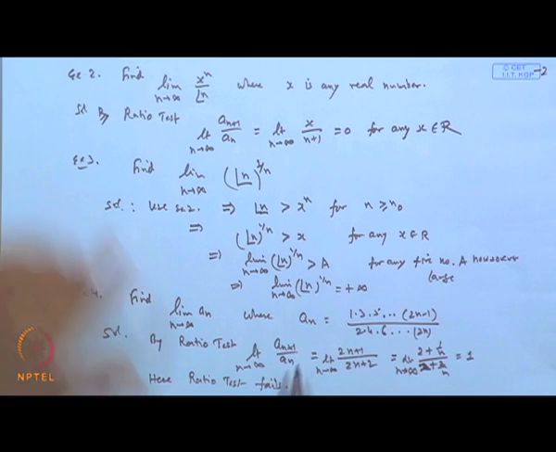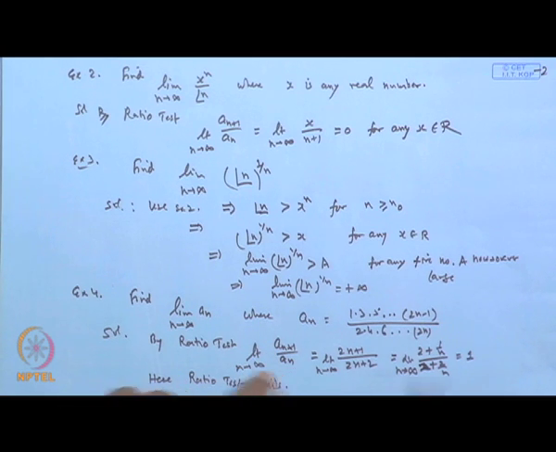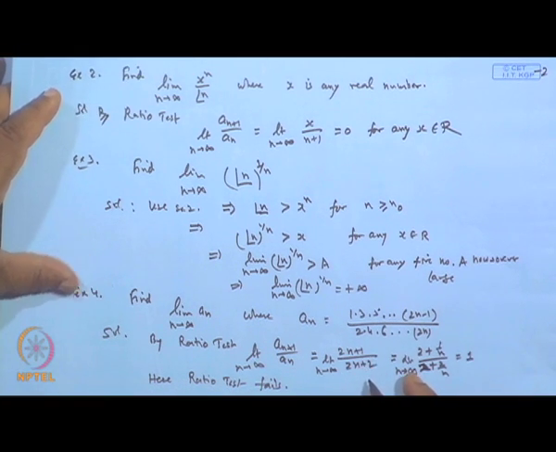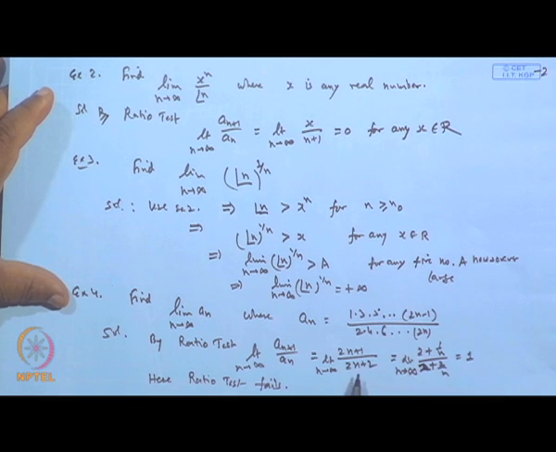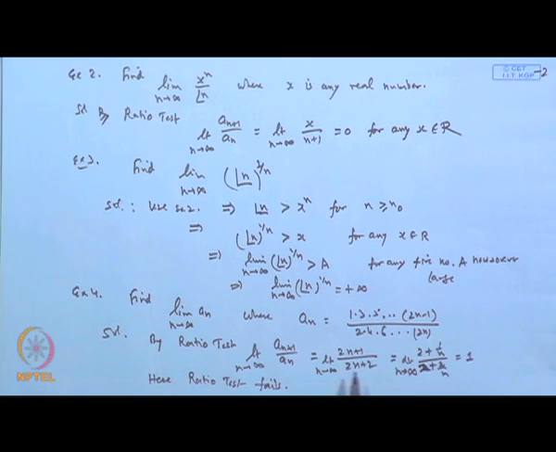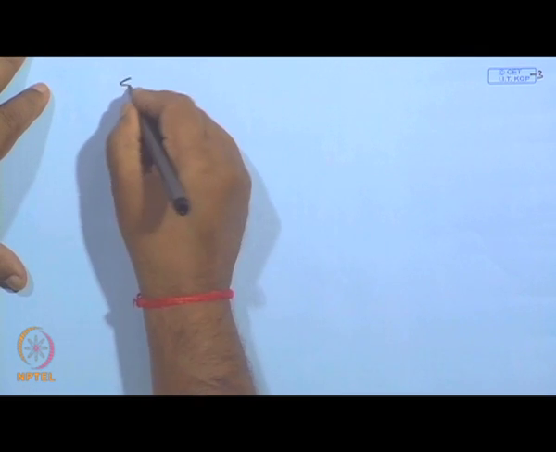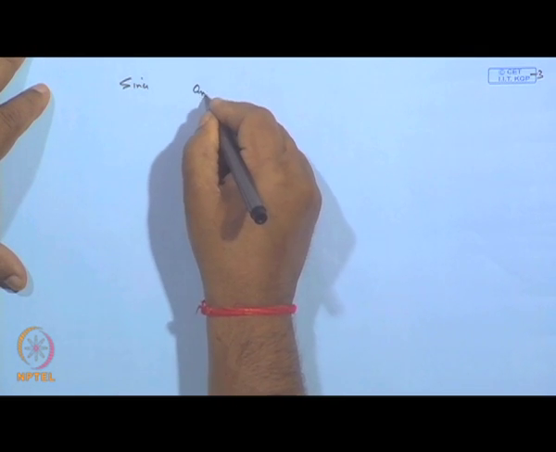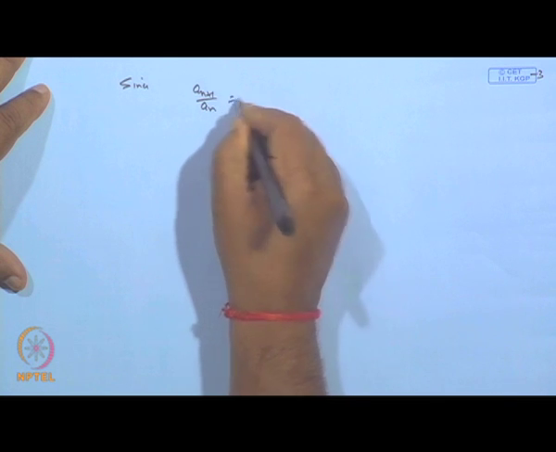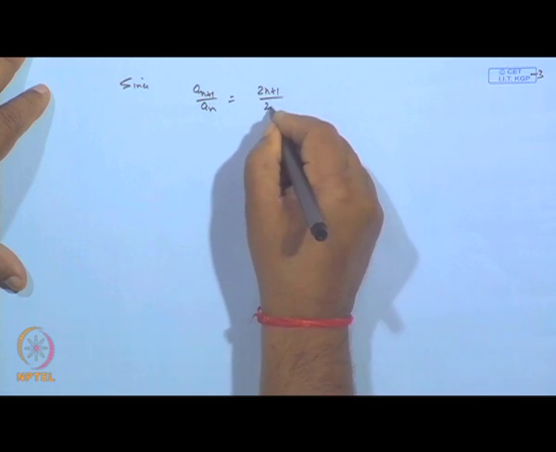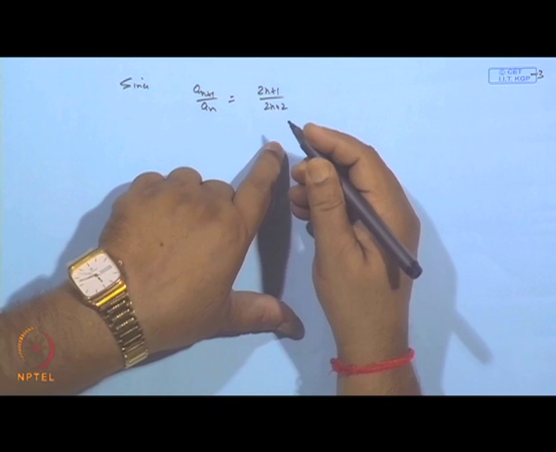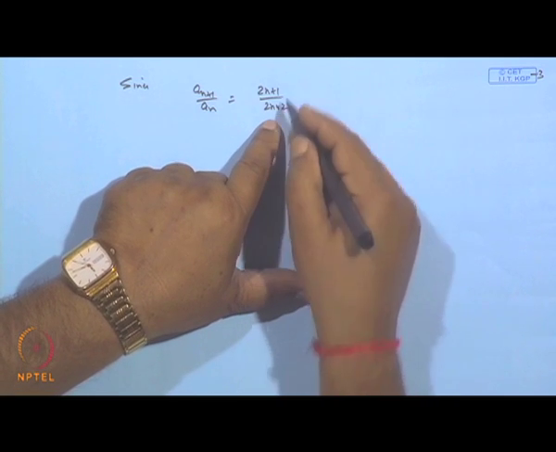Here, a n plus 1 over a n is 2n plus 1 over 2n plus 2, which is less than 1, since the denominator is higher than the numerator.